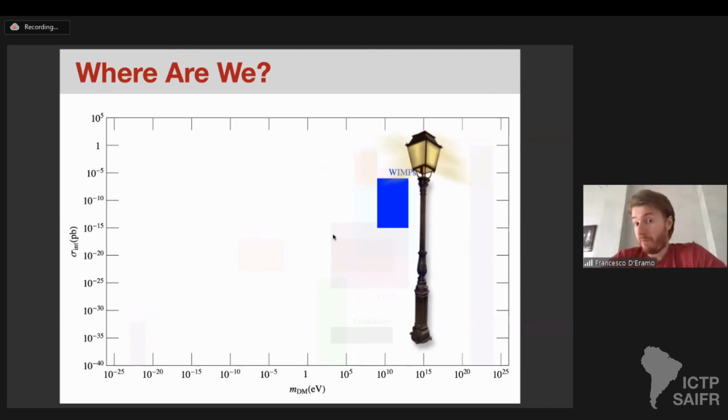But it's fair to say that the majority of the community was looking for dark matter under the WIMP lamppost, and they're still doing that, and it's something good to do, I think. But as time goes on, and as the bounds on the WIMPs become more stringent, I could see that people are trying to be more open to new ideas and also to develop new experimental strategies.